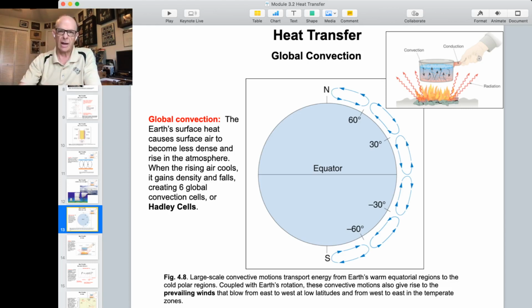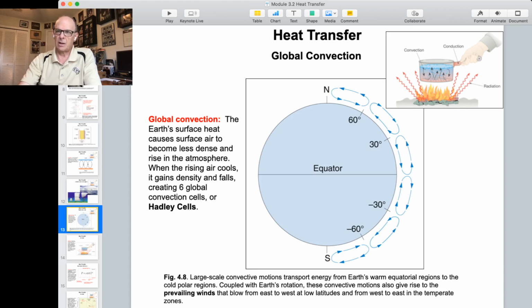So if you take a look at the arrows right above the equator, they're going up. The arrows are pointing towards the equator, then they go up. That's the rising air at the equator. That air rises. It can't just sink straight back down after it's cooled off because there's air coming up beneath it. So it has to move north or south, and eventually then it sinks.